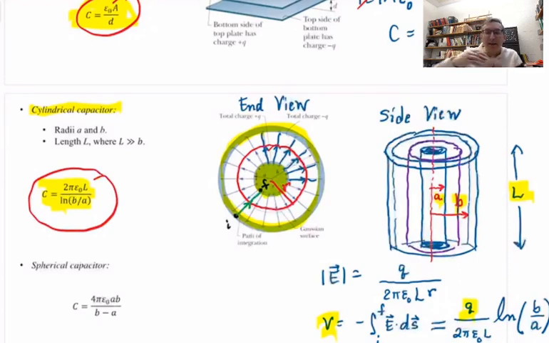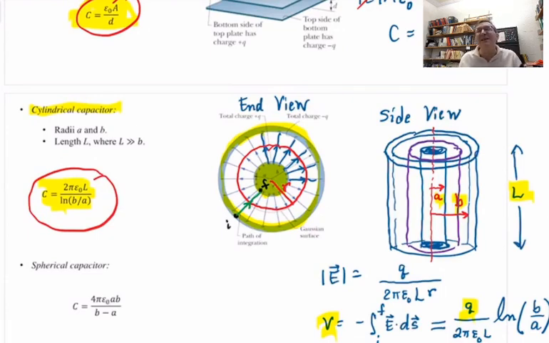See, it depends on the length L this way, on the radii A and B. And the closer those two radii are to being equal, the larger the capacitance. And that's because of that log of B over A in the denominator. So that's the formula for the capacitance if what you have is called a cylindrical capacitor. That's going to happen if you have what's called coaxial cable.